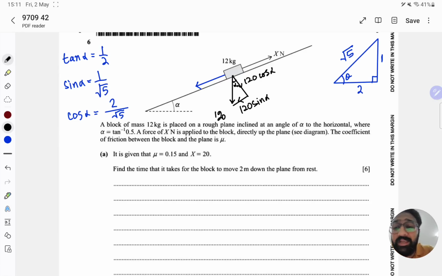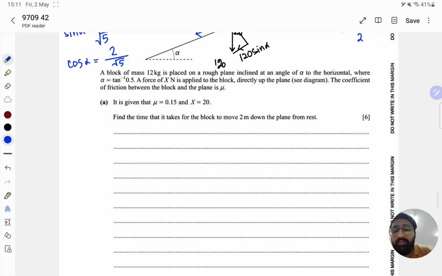Since the object is moving and covering a distance of 2 meters, we will apply forward minus backward is equal to ma, and by using it we will find out the acceleration first.